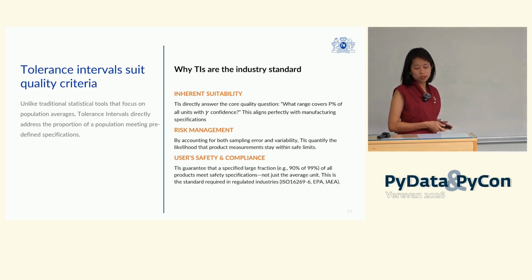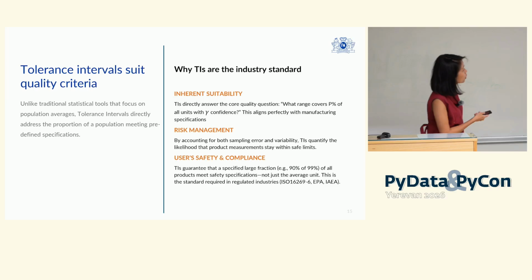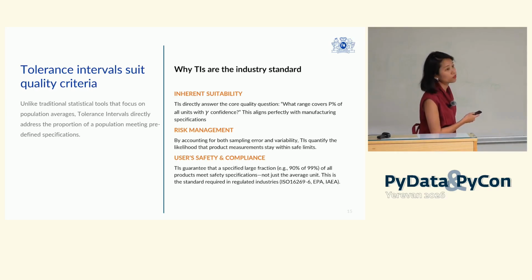So in the sense of quality, it gives us two understandings: what range covers a certain proportion of my units, and with what kind of confidence. So you still have these two parameters that are very communicative when you want to talk about risk management.